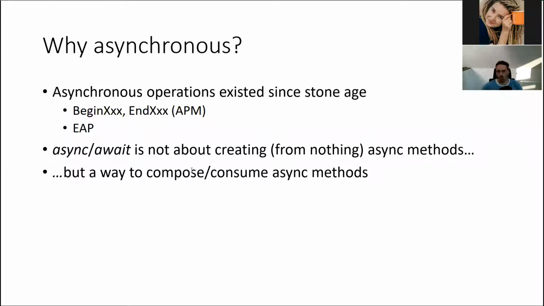There was another one called EAP, event-based asynchronous programming, that basically doesn't exist anymore. And async await is not about creating asynchronous methods from nothing. It's basically help from the compiler to compose and consume asynchronous methods, because at the bottom it's always the same.